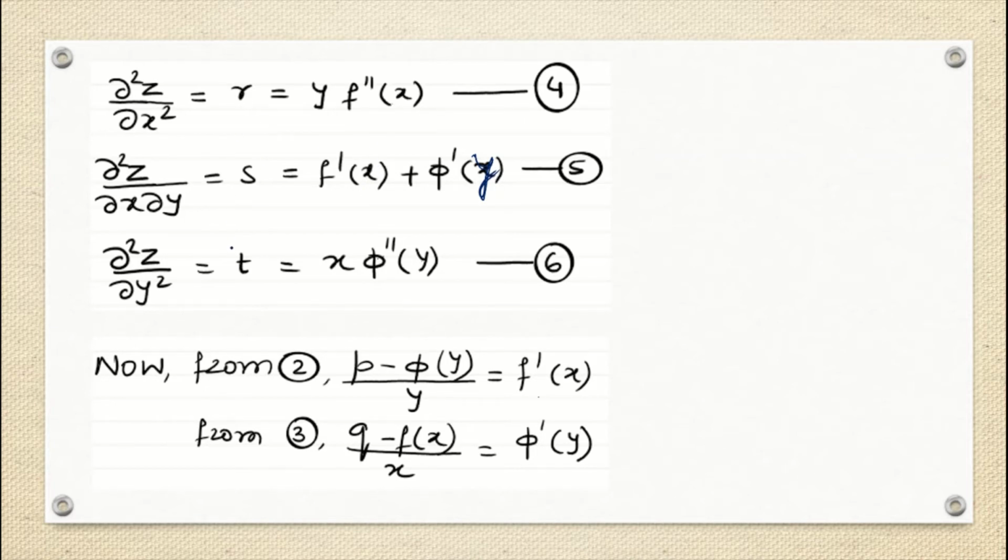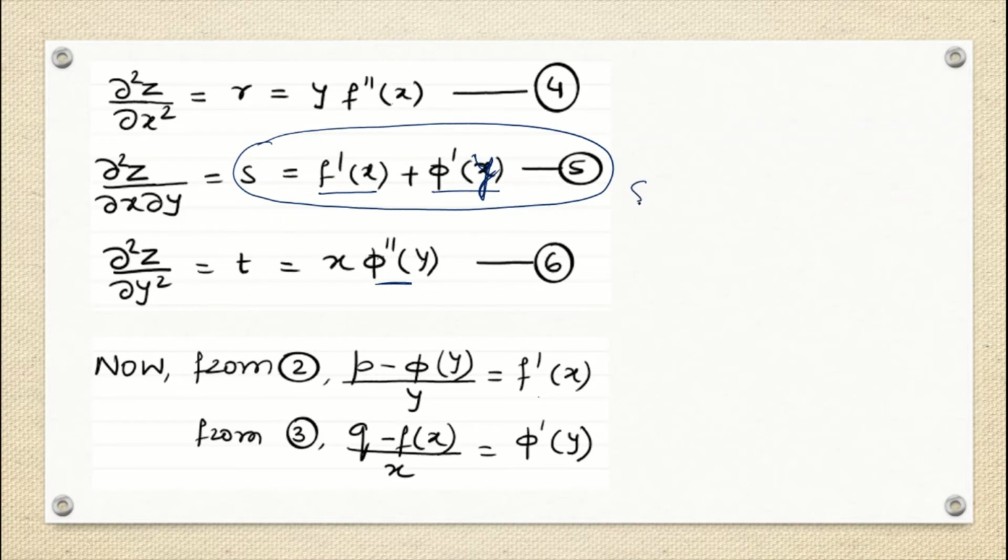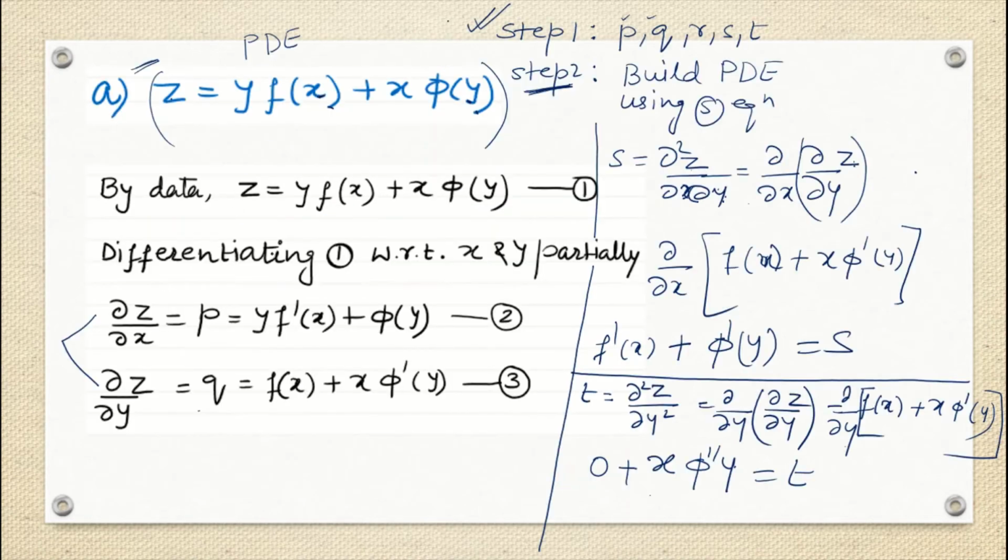If I see all those 5 equations, I see that this equation contains f''(x), this contains φ''(y), and this equation contains f'(x) plus φ'(y). So if I take this equation, I think this will be much easier to start with. What I will write down is what is my f'(x) and what is my φ'(y), from my equation number 1, equation number 2 and equation number 3.